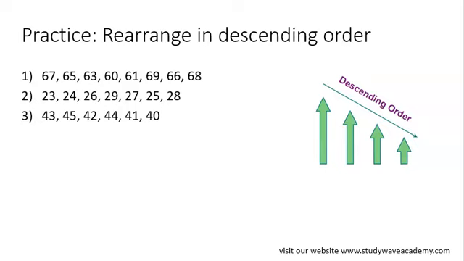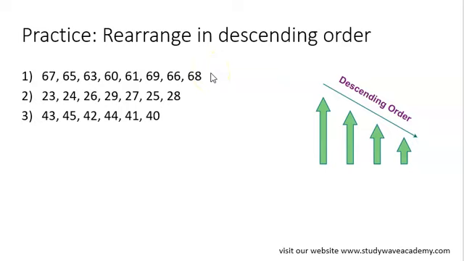Okay, we have here number one, we have 67, 65, 63, 60, 61, 69, 66, 68. You have to identify the biggest number first, then arrange to the smallest.